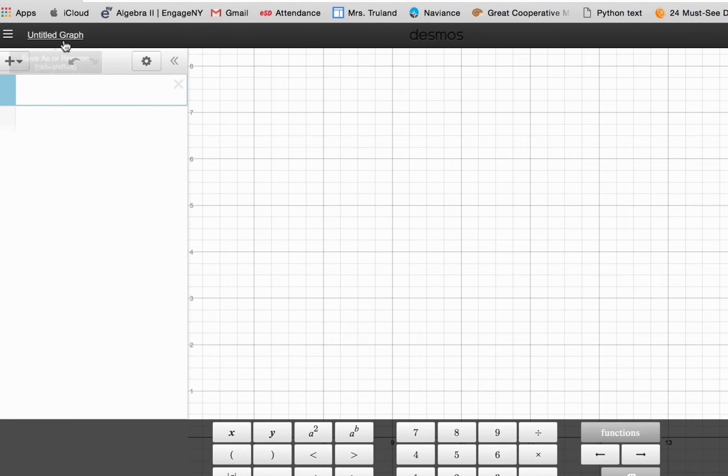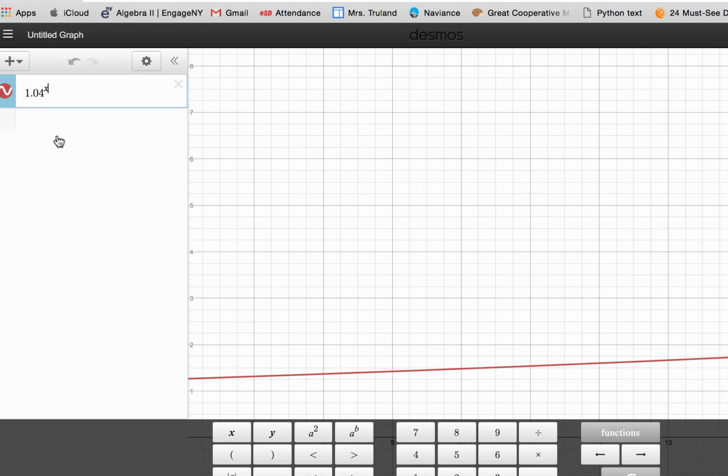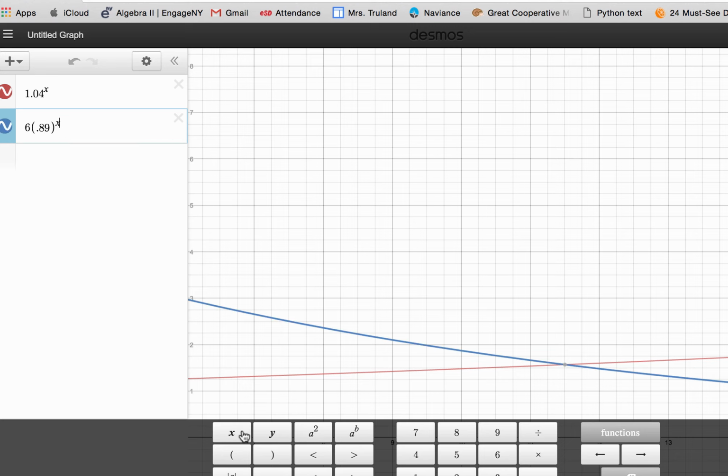Okay, so our friend the wind power, 1.04 to the x. And then our friend the gerbils, which is 6 times 0.89 to the x.